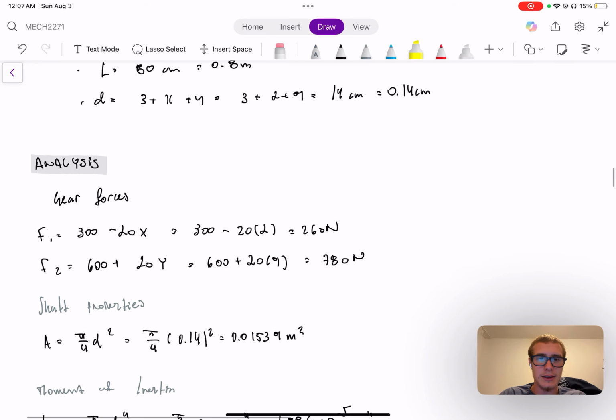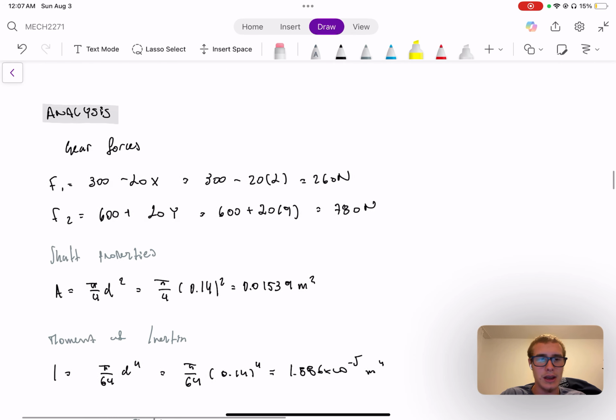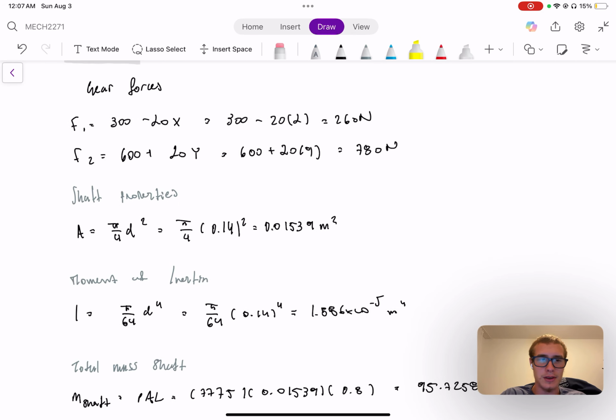For the analysis, the gear forces are given by those equations, which when you plug in the x and y, F1 is 206 newtons and F2 is 780 newtons. For the shaft properties, the area is given by that formula, which when you plug in my D value, you get that value.